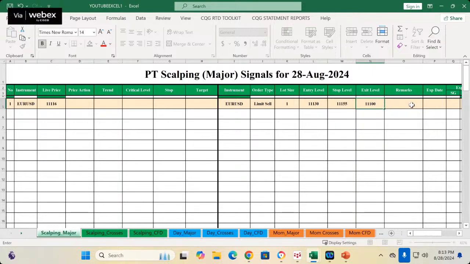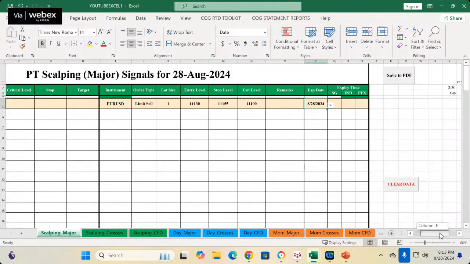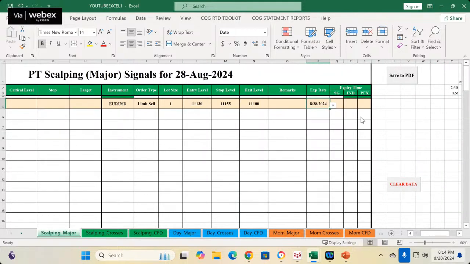The remarks, of course, we can say this is a scalping trade. And the expiry here, I don't want to put an expiry until 11. The worst thing is I would be putting an expiry for another 1 hour.